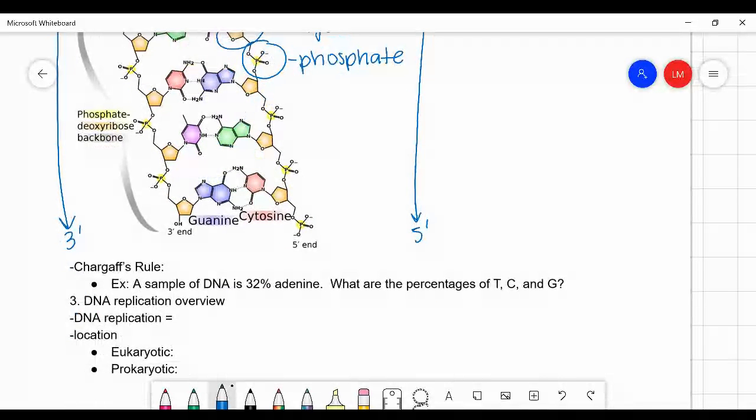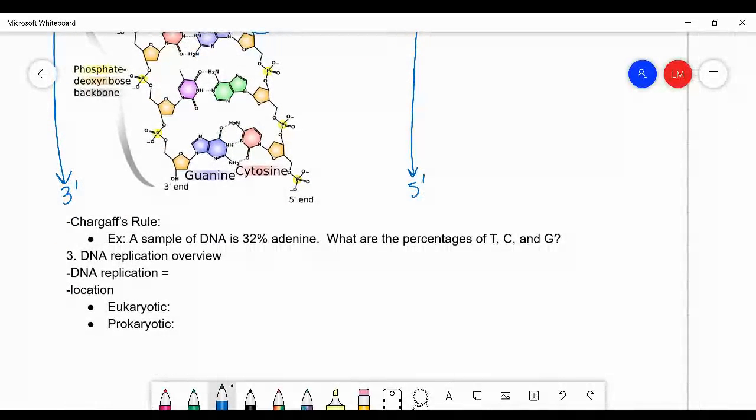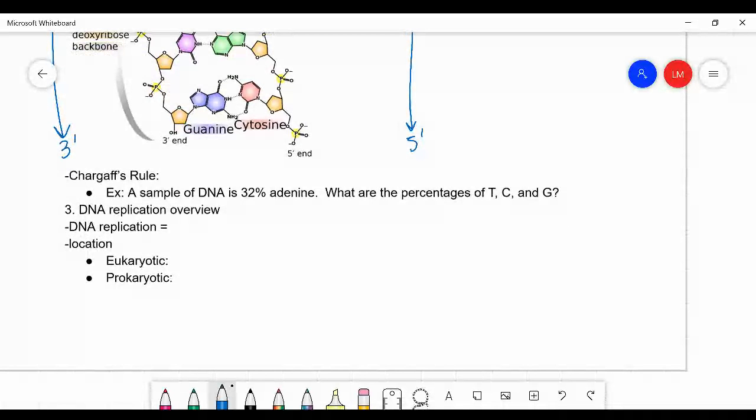Moving on to how did we ever figure out what binds to what in DNA? So, although Watson and Crick get the credit for the discovery of the structure of DNA, a lot of scientists' work went into it. And one of them was that of Erwin Chargaff. And he developed a rule that says, if we are analyzing the percentages of A, G, C, and T in a DNA sample, what he noticed was that the percentage of adenine and thymine are the same, and then C and G are also the same.